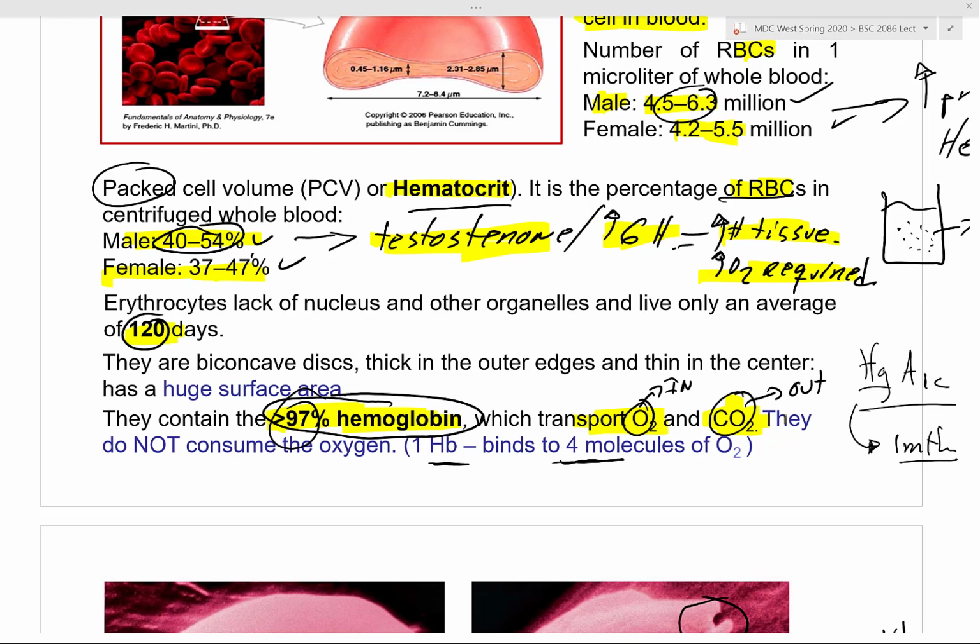CO2 has 20 times more affinity to hemoglobin than oxygen. So one hemoglobin molecule can actually bind to what? 4 molecules of oxygen or 4 molecules of CO2. All right. So the same amount.